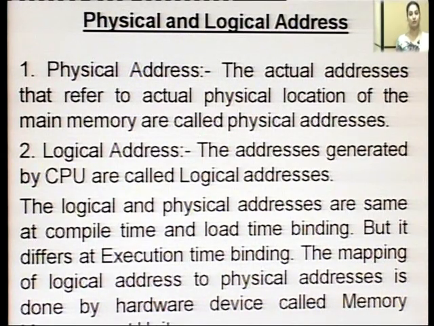At the time of running, the logical addresses differ from the physical addresses. The mapping of logical addresses to physical addresses is done by a hardware unit called the MMU, the memory management unit.